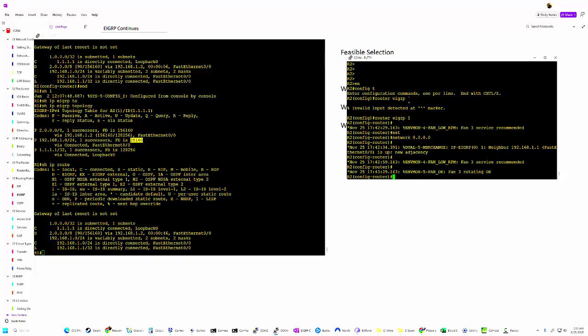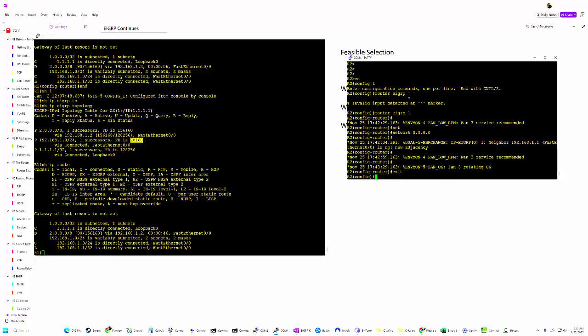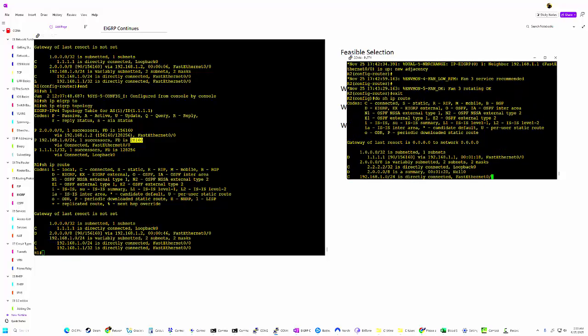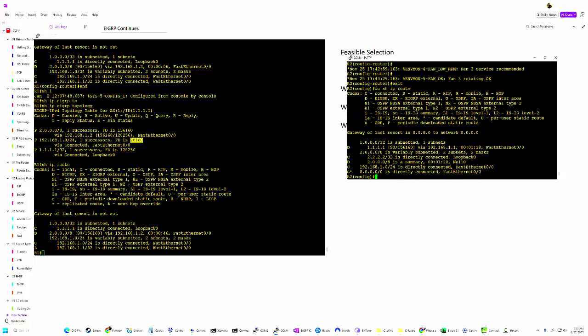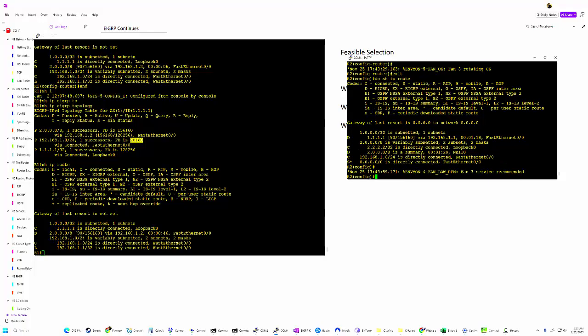Okay, router 1, and let's see, do show IP route. Okay, so the route for, actually, you know what? Let's take a look at the 2 network, the loopback interface.